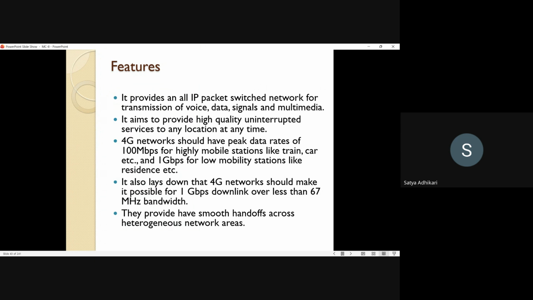When you are moving in fast moving vehicles like a train or car, the data rate is 100 Mbps, and 1 Gbps for low mobility stations like residence. So when you are staying in a residence, the data rate is 1 Gbps. You may compare this value with the previous network. It is much better or much faster.